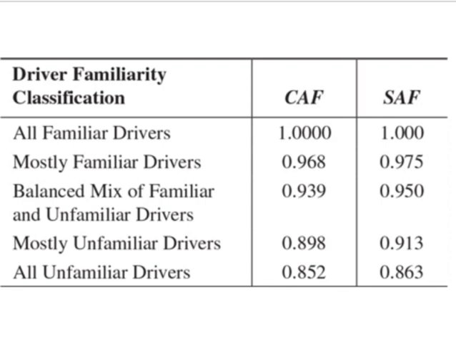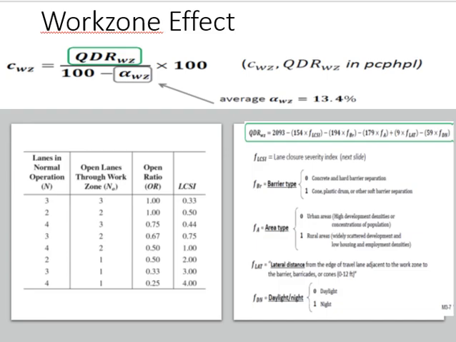Then we have balanced, 50% know this, 50% don't know. Then more than 50% don't know, mostly unfamiliar. Then all are unfamiliar, like a road on Mars. Nobody knows about it. You go there for the first time. And we still use these factors here.